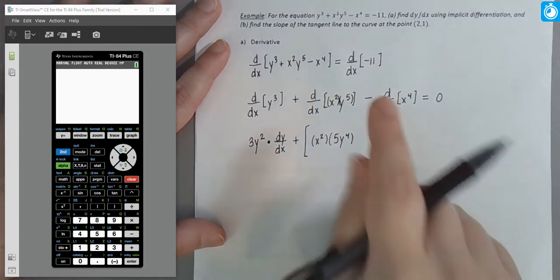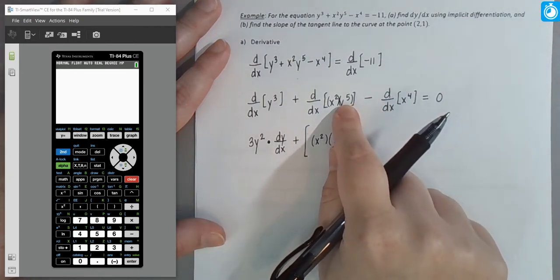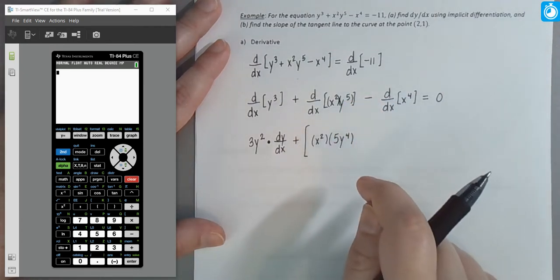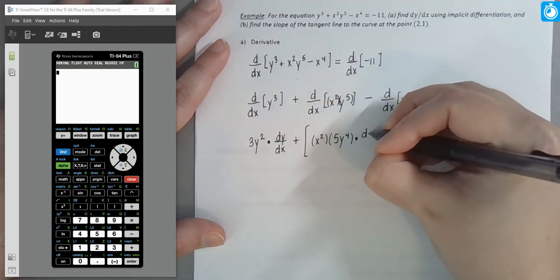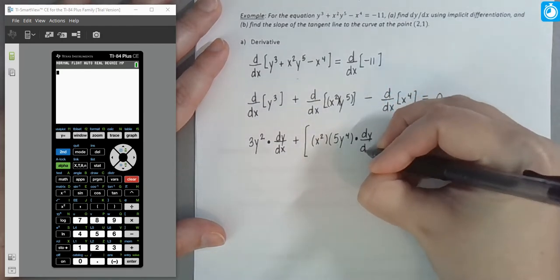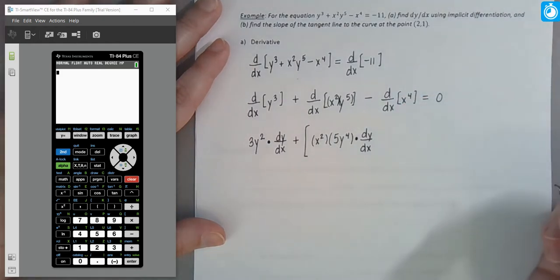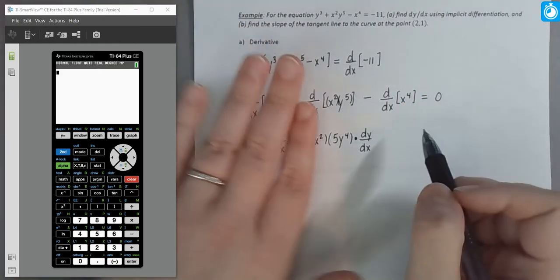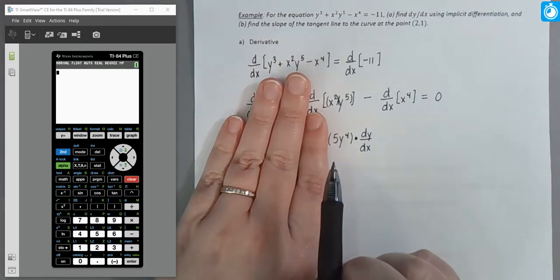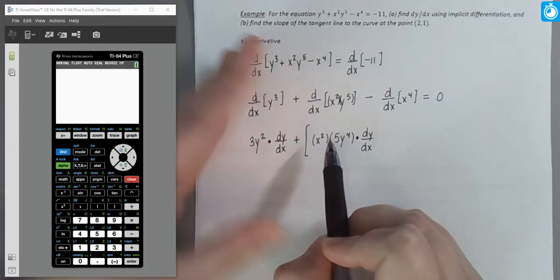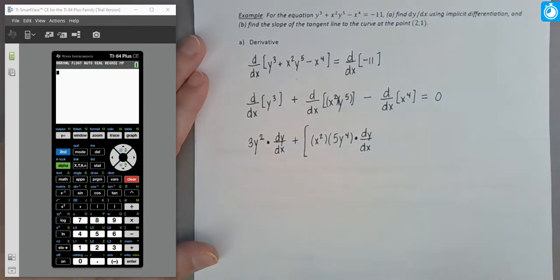And then we have to remember y is a function within that exponential function, so we multiply by the derivative of that inner function, dy dx. All of this, forgetting about the x squared, is the derivative of y to the fifth, but the product rule tells us we multiply by that first function.